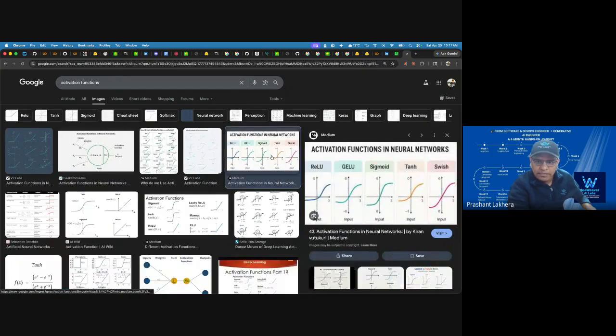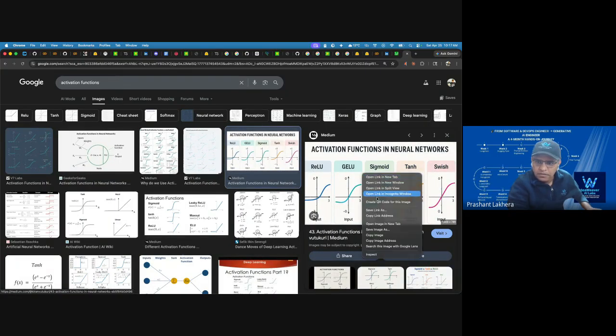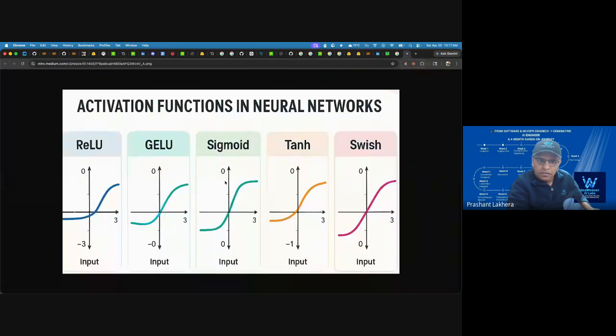And if you look at this image, these are all non-linear. It is trying to capture some kind of non-linearity from our data set, right? Because we all know that the real world data set is not always a straight line. It's always messy. So that is the whole idea.